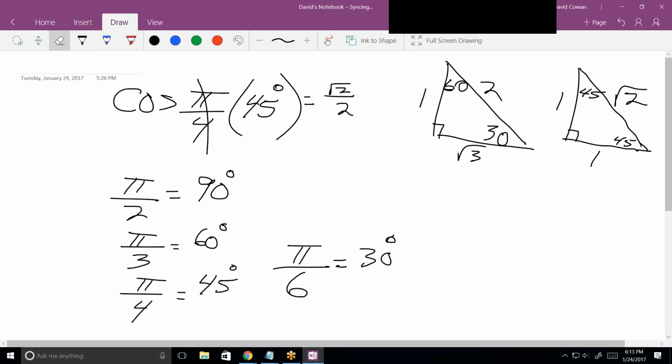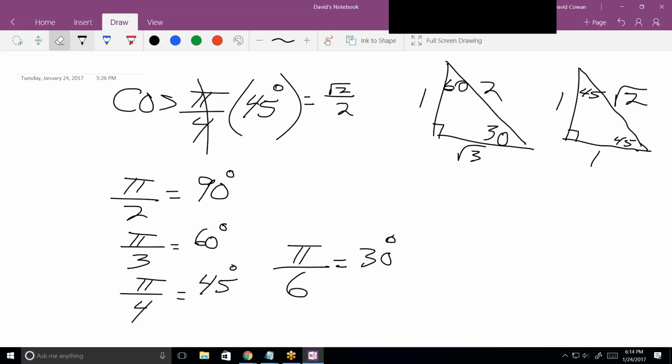So, the best advice I've heard yet is one of his students told him, don't rationalize anything. If it's 1 over root 2, leave it that way. I love that advice. It eliminates this whole problem. And to me, these two triangles are easier to remember than if this was root 2 and 2.